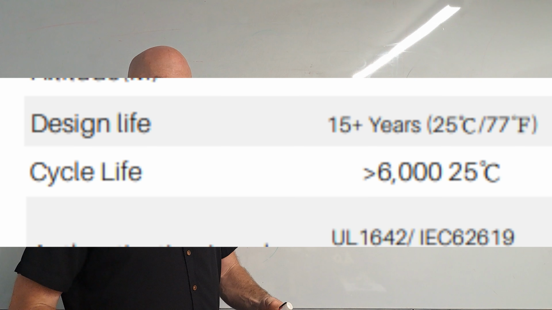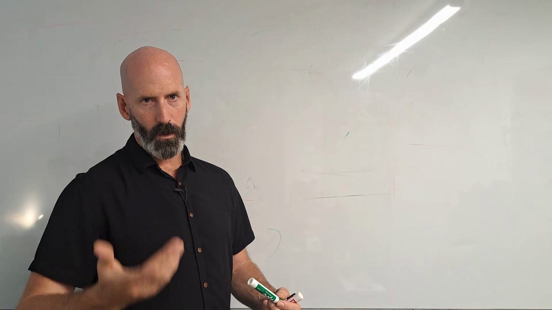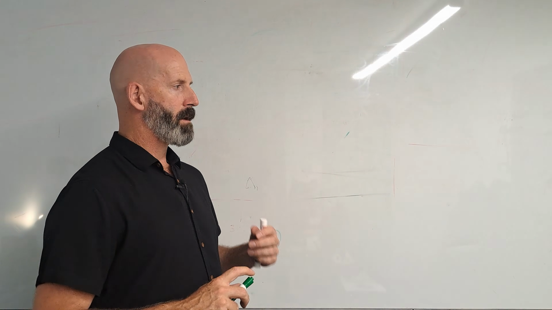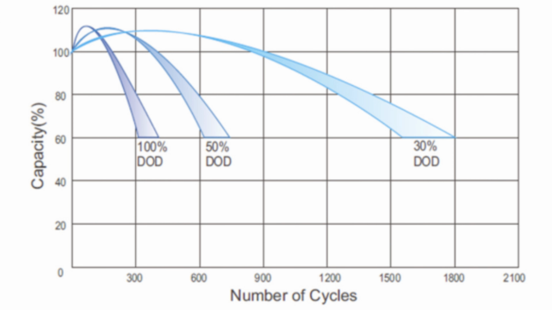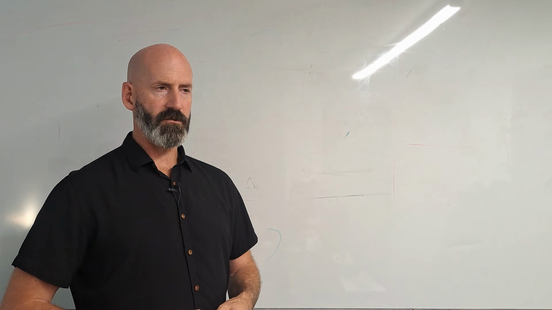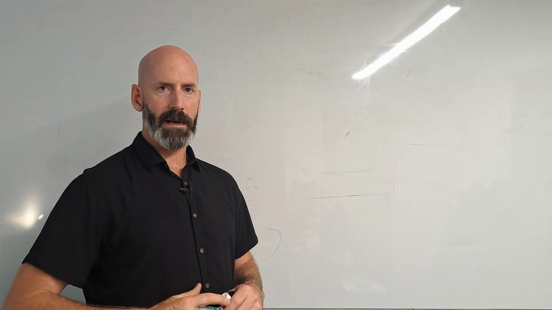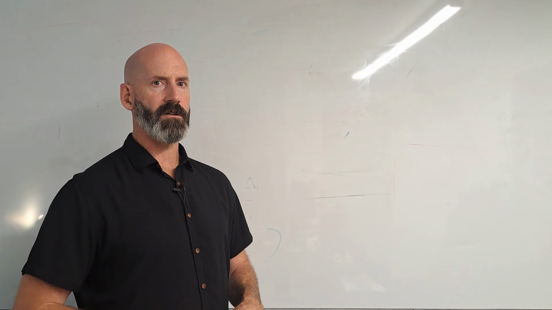Two, they have a higher cycle life, which is one full charge, one full discharge is one cycle. And so most of your AGMs, if you're using them down to only 40%, you're probably at about 2,500 cycles, whereas your lithium batteries can be discharged down to 90%, so 10% off the bottom, and all the way back up is one cycle, and you'll get 6,000 of those.